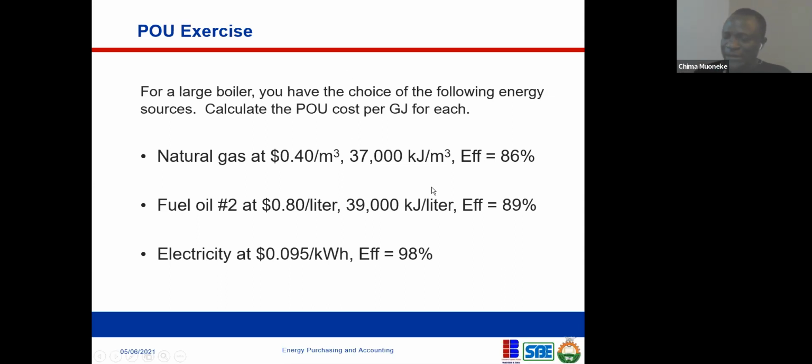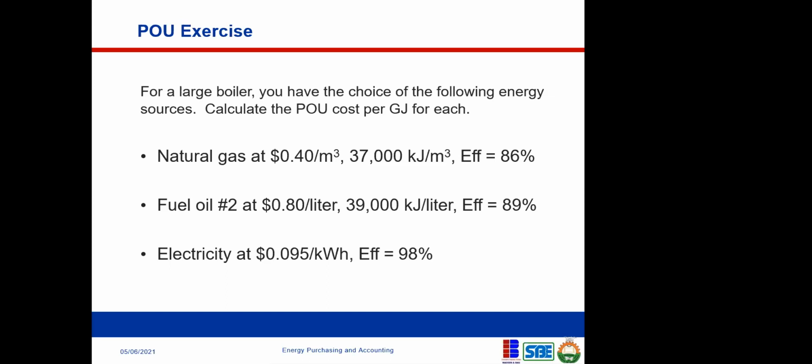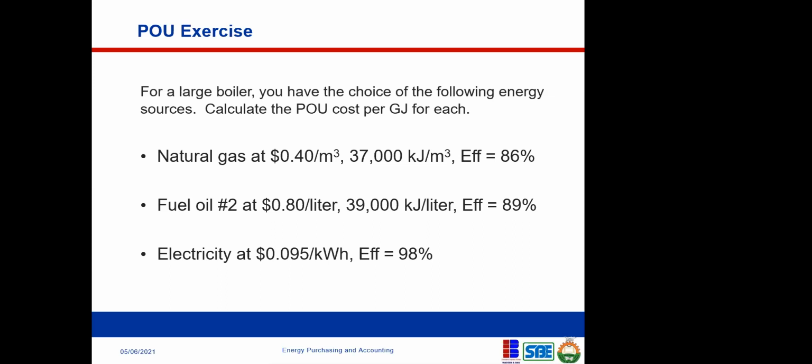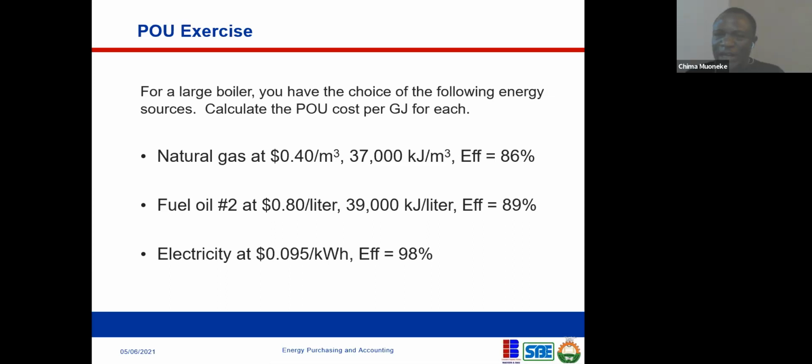I want you to be doing it on your own worksheet as I'm doing it. Then the next thing is the efficiency: 1 over 0.86. That is the efficiency of the natural gas.